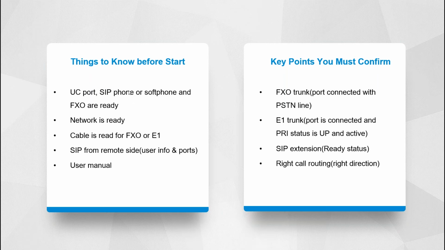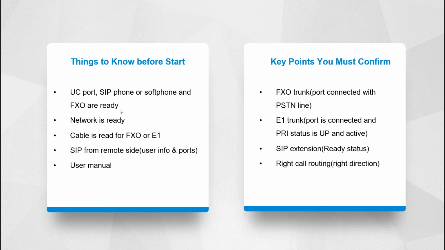Once you get the device or gateway or our cell phone, you have to check how many ports you have, and if you have a cell phone, make sure it is physically ready, and you know which port connects to which cell phone, and how to get the IP and so on.